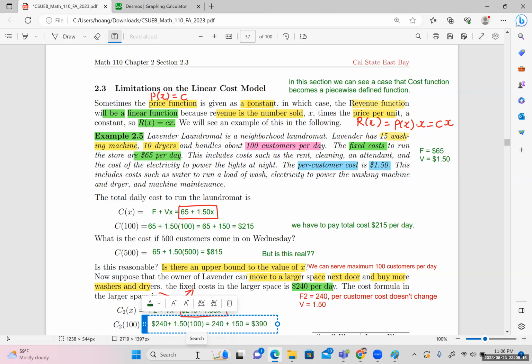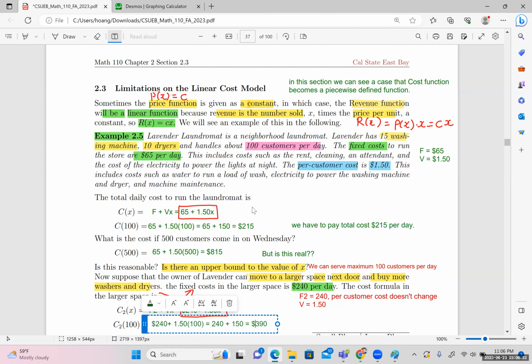Okay, so compared to the cost in the case where you don't extend, this one is much higher, right?